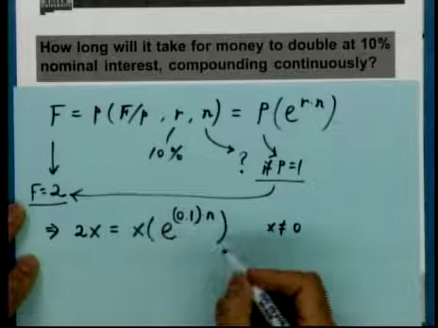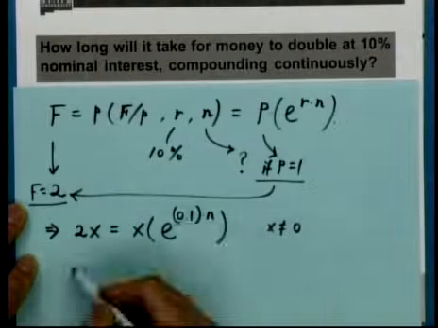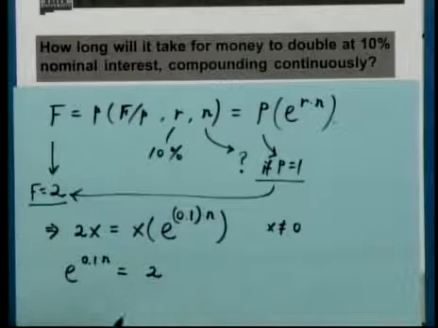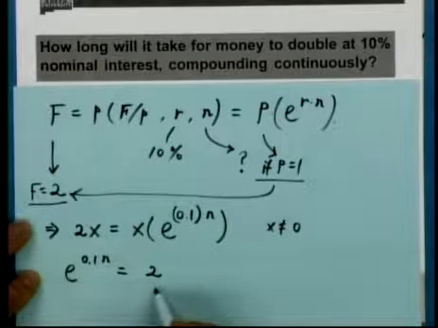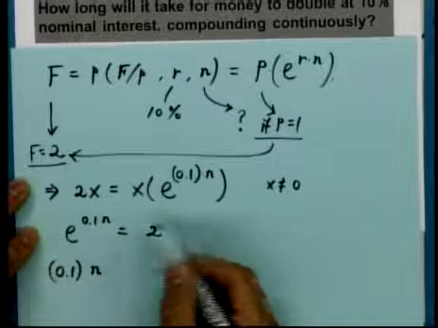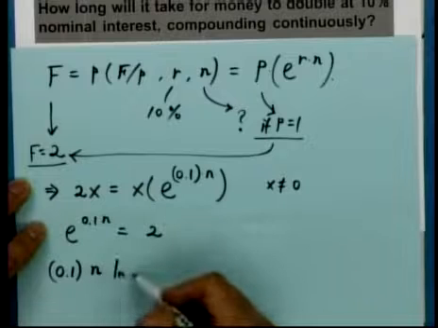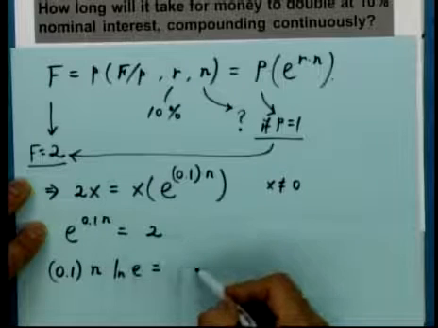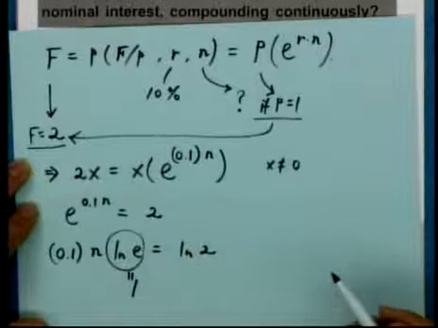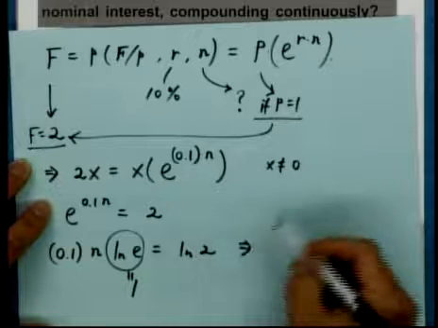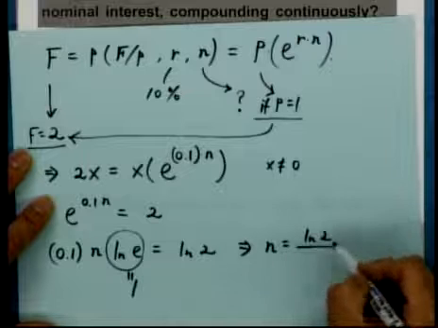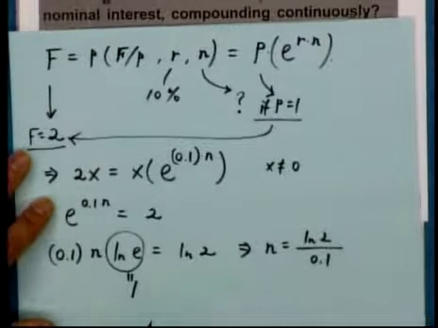So here e to the 0.1N equals 2. If you take the natural log on both sides, it's going to be 0.1 N log of e equals log of 2. And you know log of e is equal to 1, right? So from here, N is equal to log of 2 divided by 0.1. Okay?